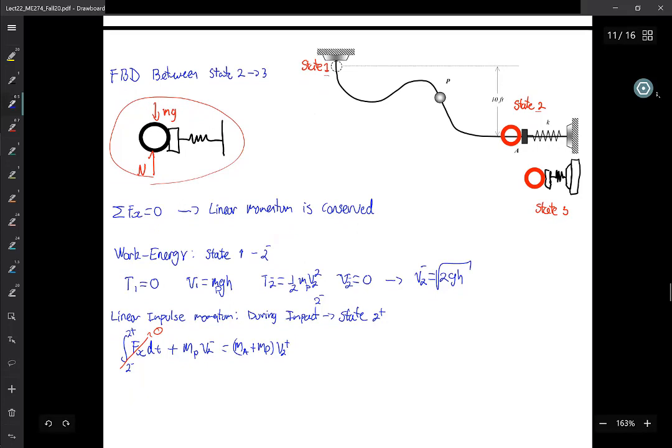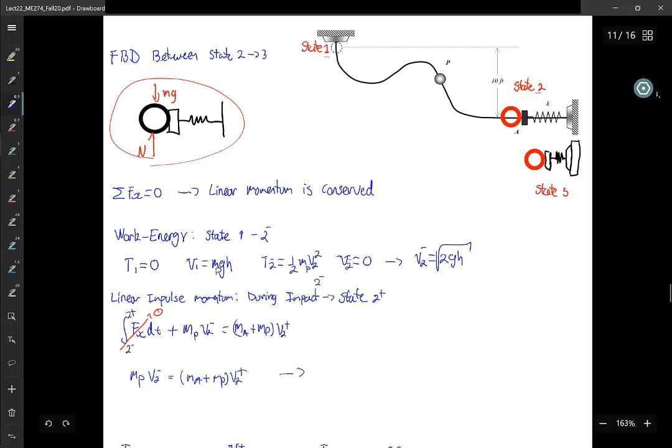And then we get here m_P times the speed before collision. It equals, now after collision, the two masses are together. And this is what we missed from doing the work energy from the beginning to state 3. So here we get that the speed after impact equals the ratio between the mass before being glued and after being glued.